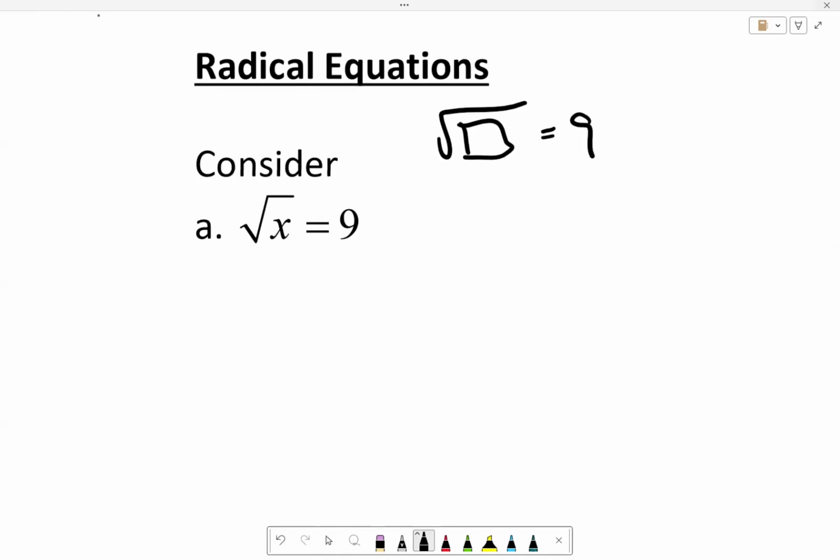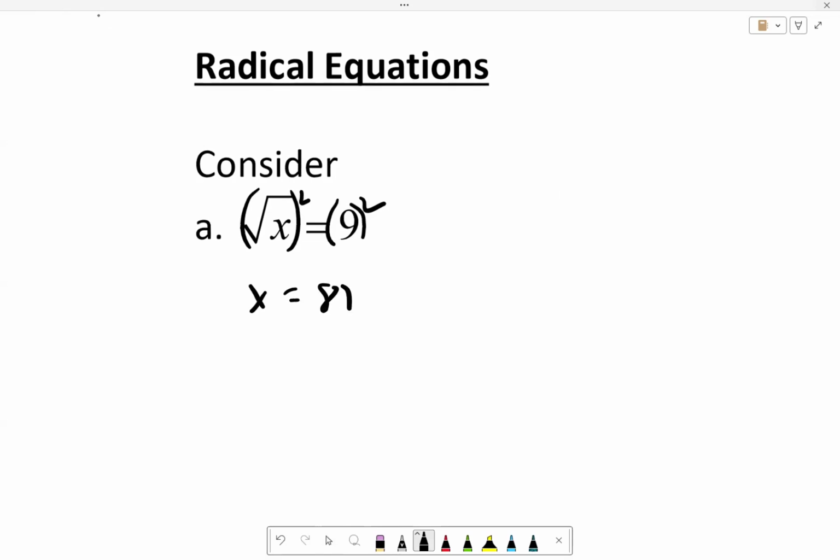But I just want you to use algebra. Specifically, Ben, what was it you said we should do? Square each side. We square both sides. What I'm looking for here is for you to trust algebra. The square root of x squared is x, and 9 squared is, what a shocker, x equals 81. I know, mind blown.